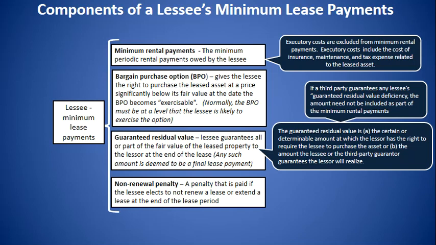There's also another component of minimum lease payments called guaranteed residual value. And this is where the lessee guarantees all or part of the fair value of the leased property to the lessor at the end of the lease. A good example of that would be where the lessee guarantees the value of an asset when it's being returned to the lessor.